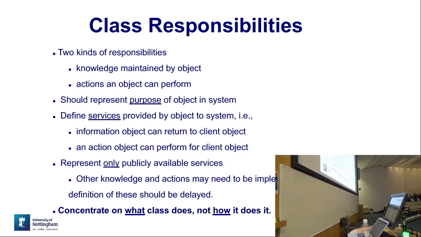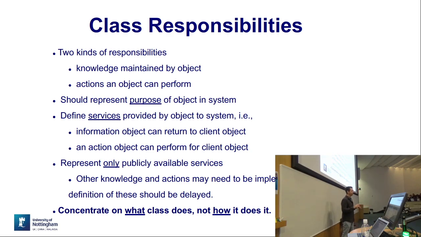The how could change. Yes, that's definitely true, because the how can change. Another way of saying it is there are many different ways we could implement something to get it working. So we don't want to worry about that during the design phase.